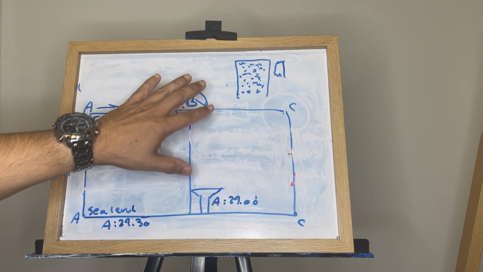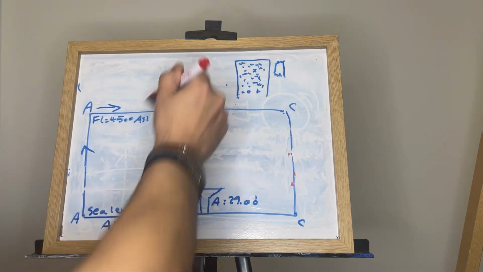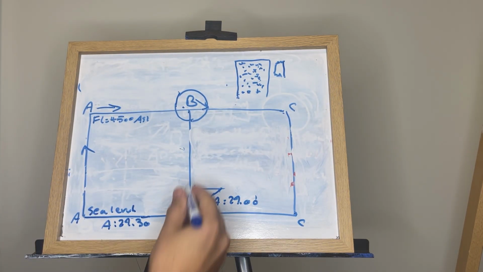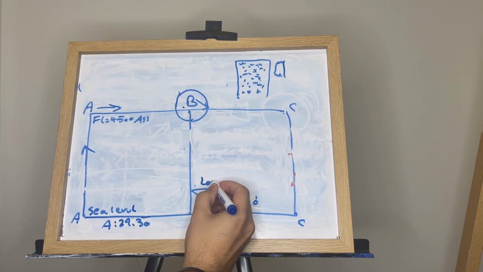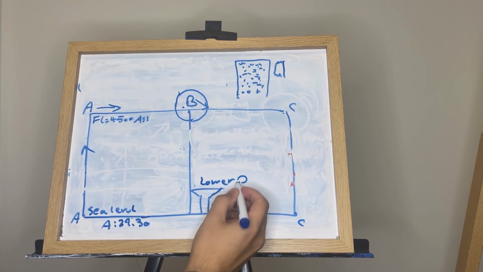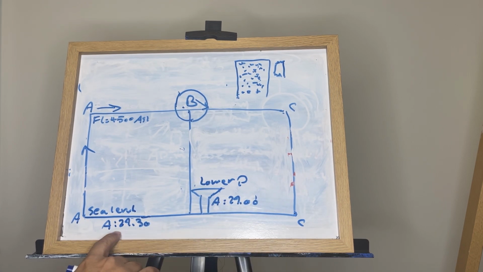But for any reason you forgot to set the altimeter to local pressure. Basically, when the aircraft enters this area, it is lower pressure, because 2900 compared to 2930 is a lower number, meaning you are in lower pressure.